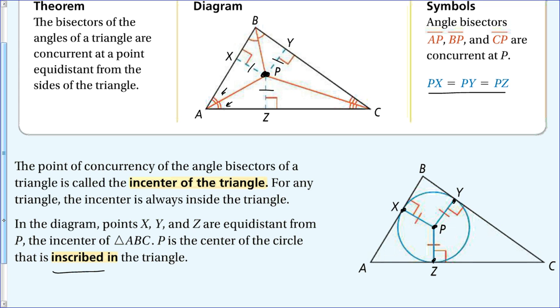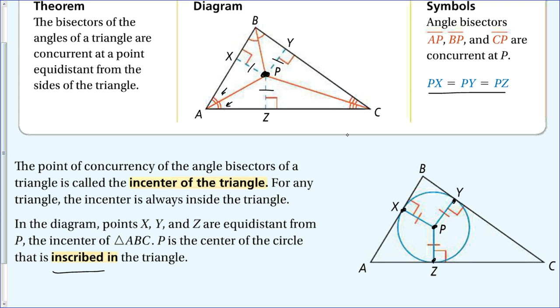So now you know about the circumcenter and the incenter of a triangle. The circumcenter is the perpendicular bisectors. The incenter is the angle bisectors. You're going to have to remember that. The circumcenter deals with the perpendicular bisectors, and the incenter is the point of concurrency of the angle bisectors.